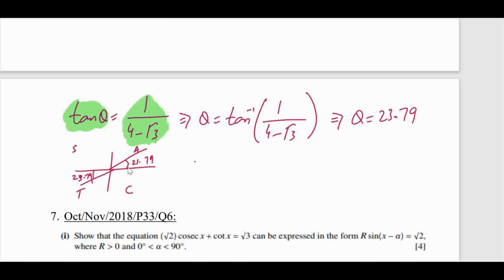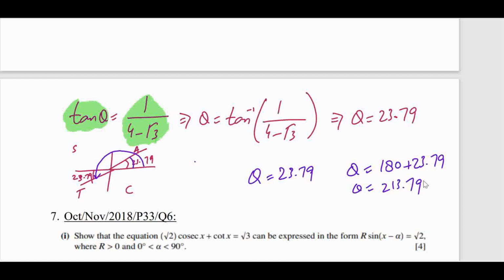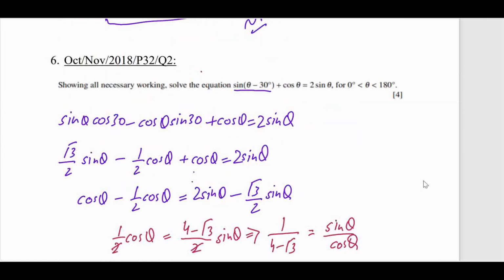First will be this one and the other one will be this whole angle. So theta will be equal to 23.79 and the other value of theta will be 180 plus 23.79, so theta will be equal to 203.79.